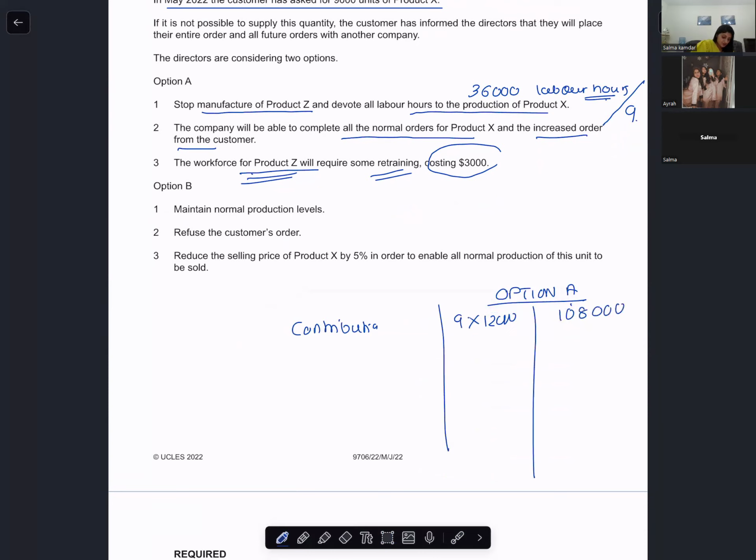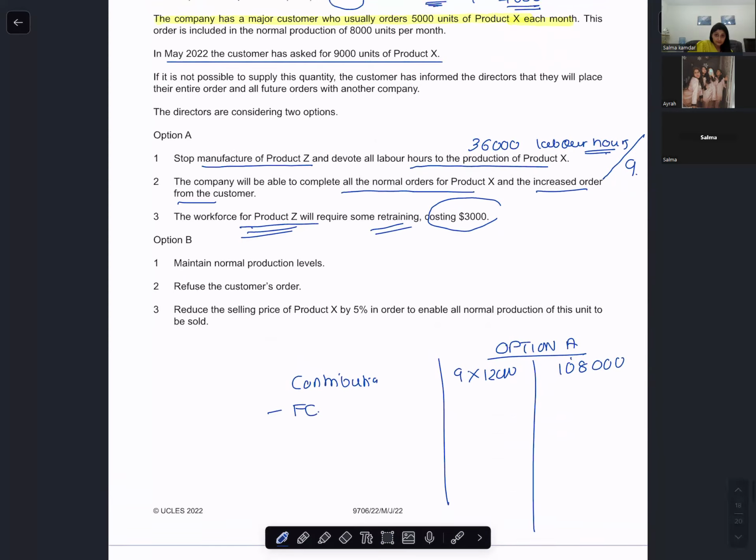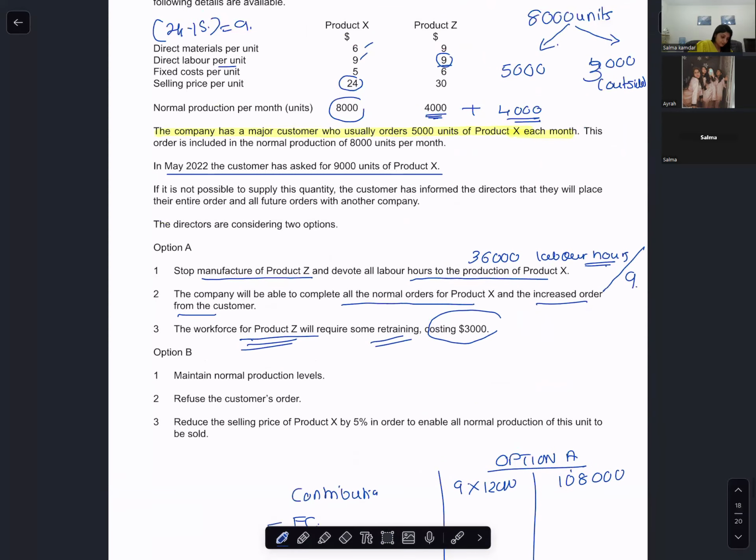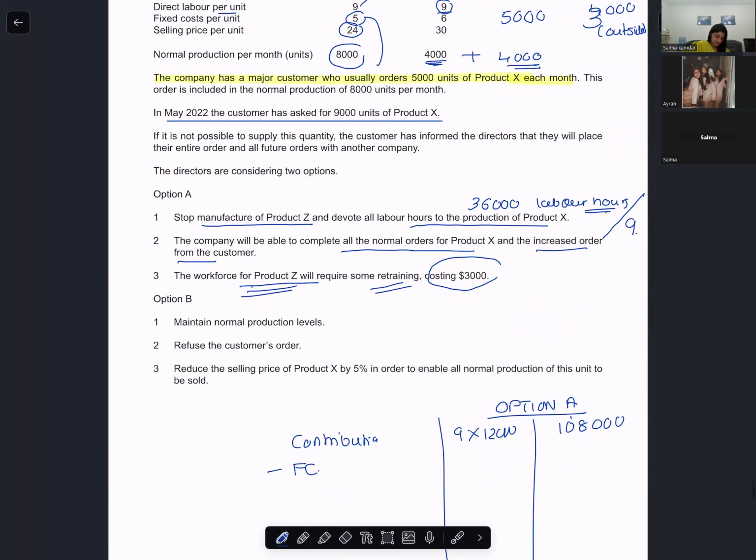Minus the fixed costs. Fixed cost is given per unit, and irrespective of the production, the fixed cost will remain the same. So 5 into 8,000, it'll be 40,000.